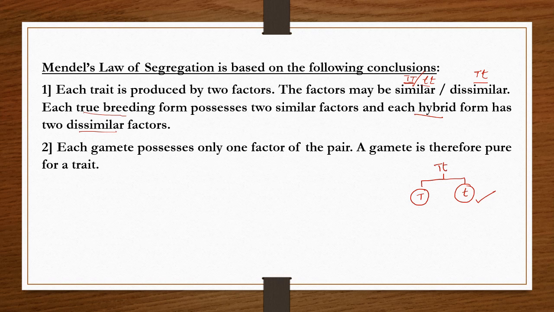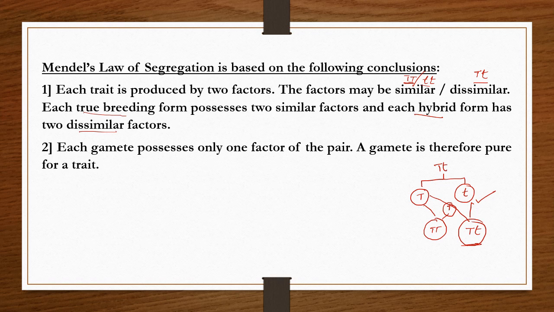So when this gamete with a capital T, that is a pure trait, is crossed with another pure tall gamete, that is capital T, then the resultant one is homozygous. Otherwise, if it is crossed with another pure gamete of the recessive character, then it gives again heterozygous, dissimilar.